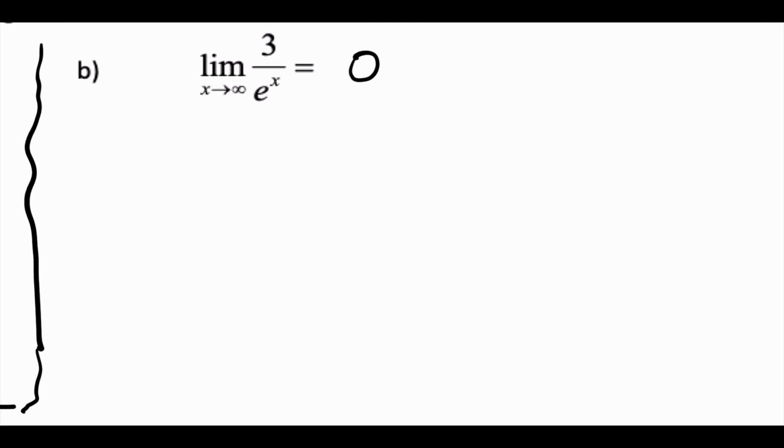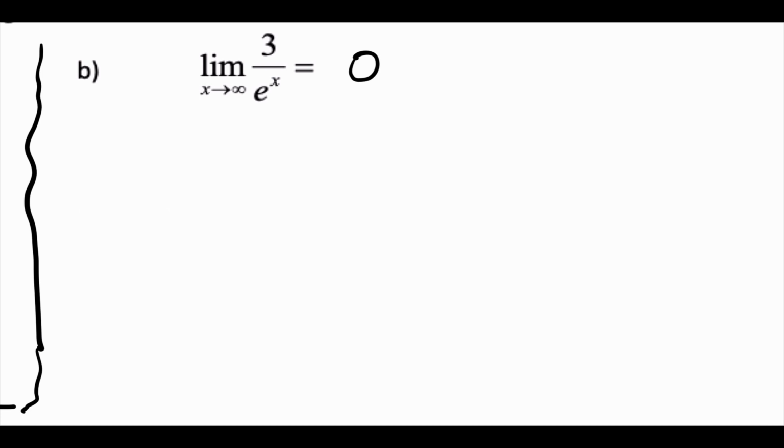In other words, if I kept plugging in bigger and bigger numbers for x until I get to infinity, what's the top going to do? Stay the same. It's never going to get bigger, right? Bottom is going to be doing what? Way bigger.